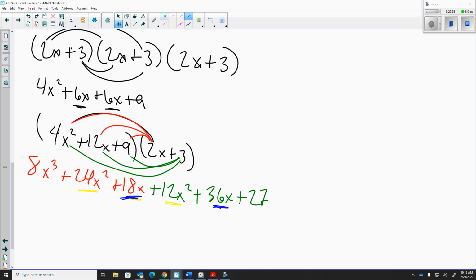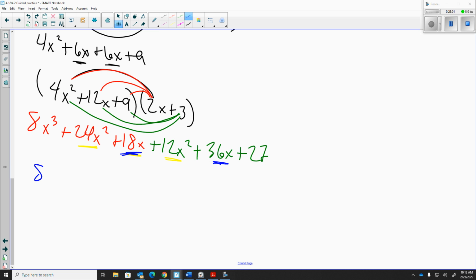8x cubed, nothing happened with that. I guess my answer is blue, whatever. What's next? 36x squared. How come I'm not doing the x part here? Well, I am, but what is it going to be? 18 and 36, what is that? 54?